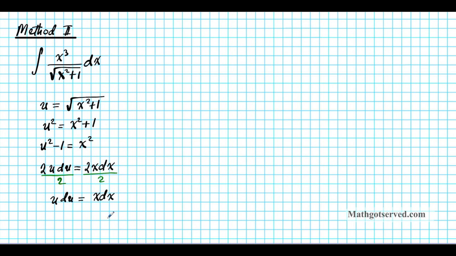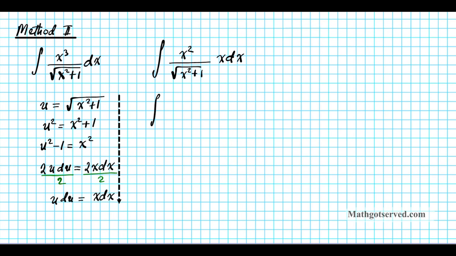Okay? All right, now let's go ahead and make the substitution. You'll be impressed to see how easy this is going to be. So we're going to have, let me write it in a way that makes it easy for you to understand. So this will be the integral of x squared over the square root of x squared plus 1 times x dx.